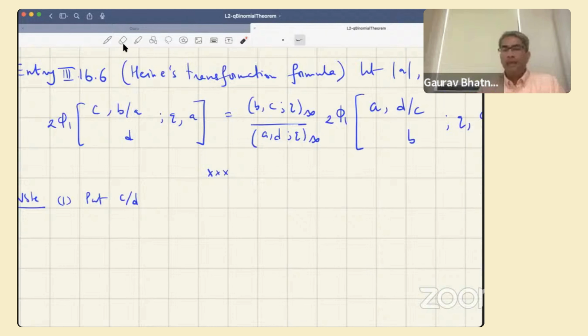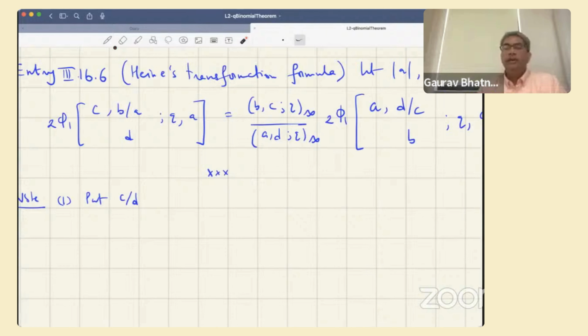So (1; q)_k is 0 unless k is 0. So you get 2 phi 1 of 1 here and something else. This is just simply 1.